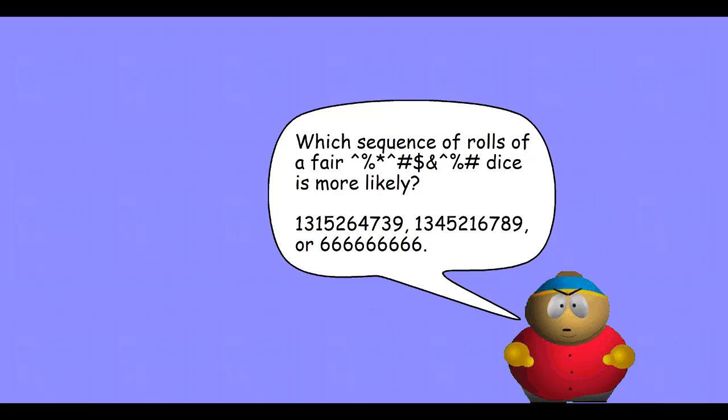And so looking random isn't really the determinant as to which is more likely. In this particular case, 666, 666, 666 is more likely because it has 9 rolls, whereas the first two have 10 rolls. And every sequence of 10 rolls is less probable in its outcome than every sequence in 9 rolls.